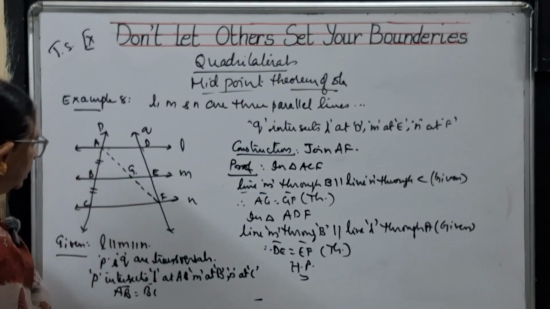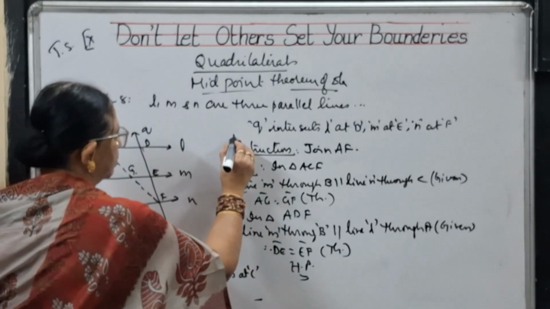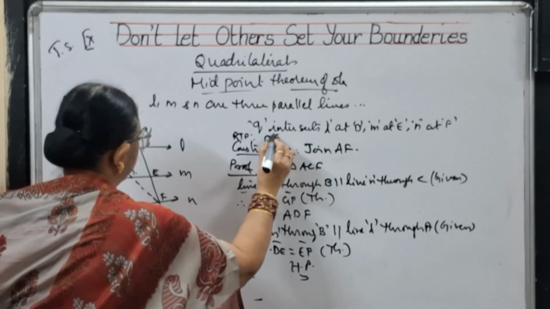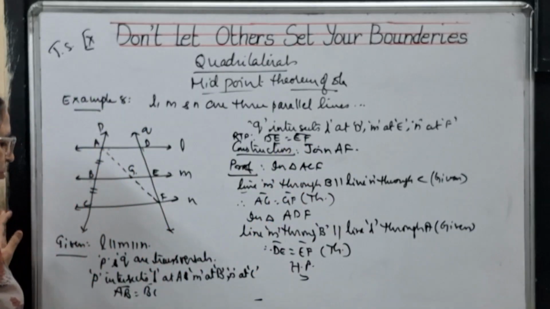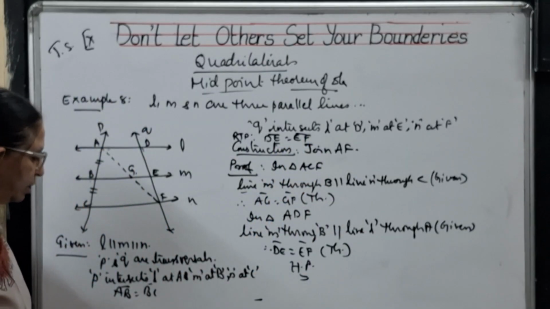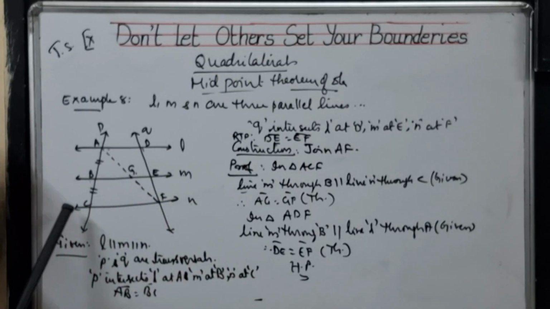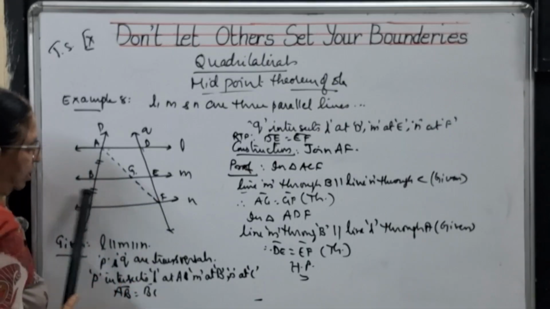That is RTP. Oh, sorry, I have not written RTP, children. What is RTP? We need to prove DE is equal to EF. This we have to prove. So let us say, children, once again, this theorem 8. In this theorem 8, L, M, N are three parallel lines.